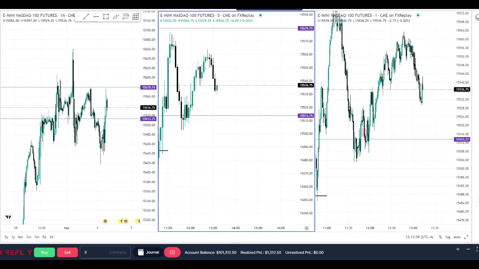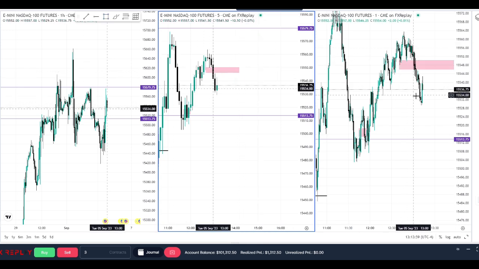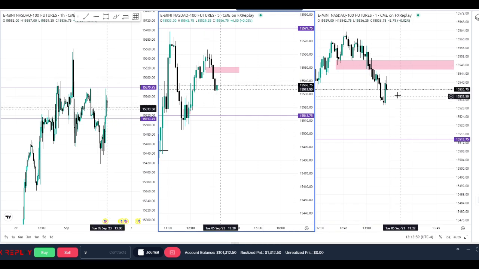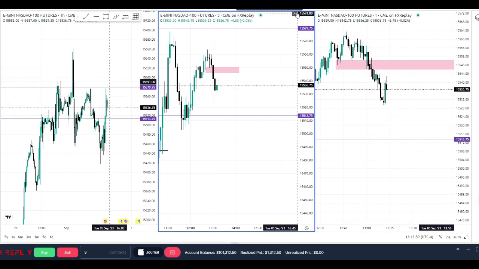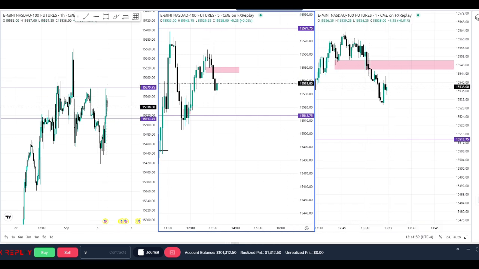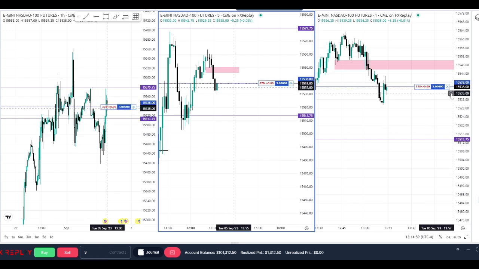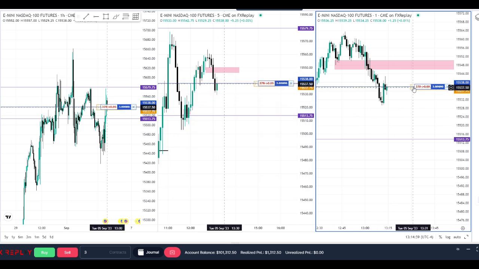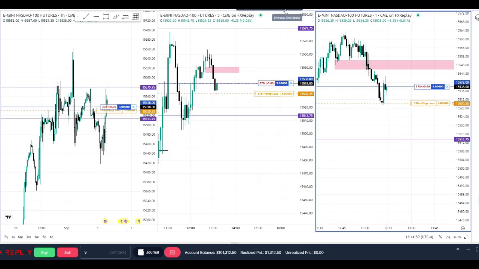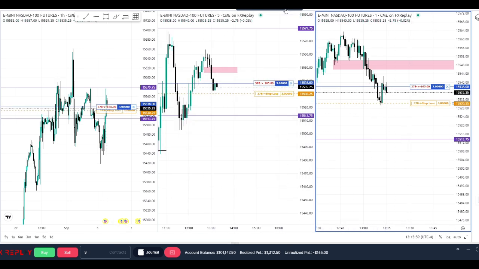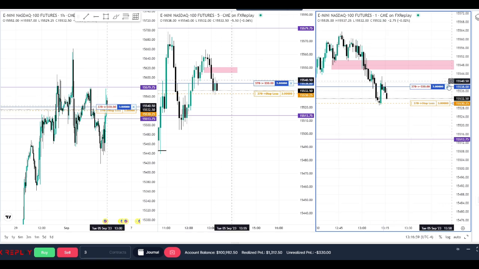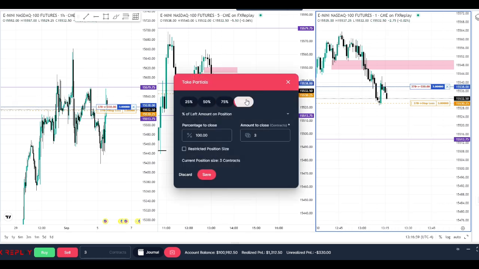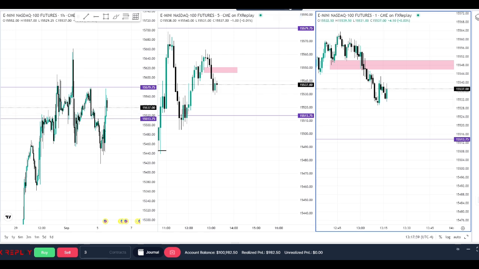There's a 5 minute fair value gap here, and there's this 1 minute fair value gap that got inversed. I like that reaction. I'm going to buy. I'm willing to take that loss. Right, so my stop loss is going to be under here. And there's a feeling that it's going to stop out, and then I'm going to exit my position there just because there's no true momentum to the upside.